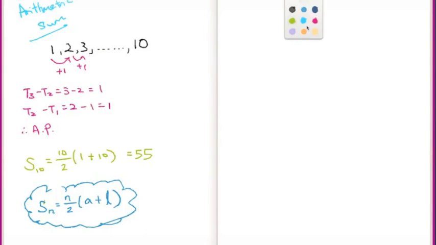Now, something that you need to know, because it helps you to solve problems. The sum of an arithmetic series would always be Sn equals n over 2 times (a plus l), sorry, the last term. There's another variant you don't need to remember, because the last term is the nth term.